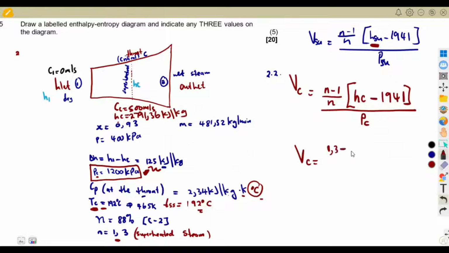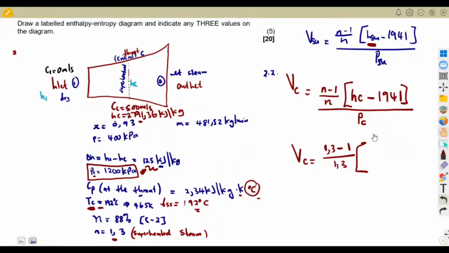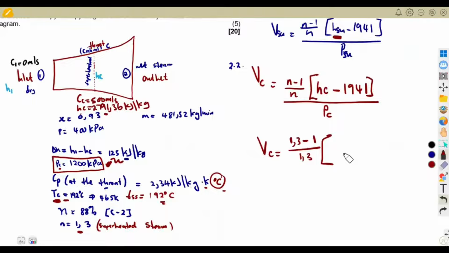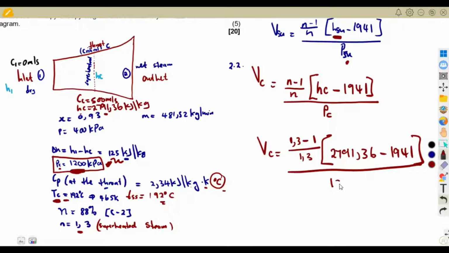So that's (1,3 minus 1 over 1,3) into h sup, which is our hc, the enthalpy for the superheated steam, 2791,36 minus 1941, everything over the pressure when the steam is being superheated, which we refer to as pc, which is 1,200 kilopascal.